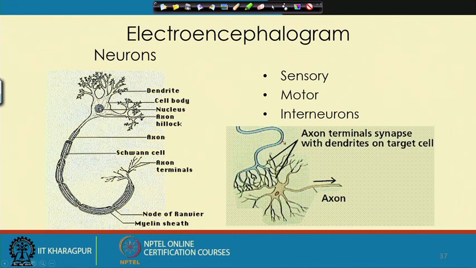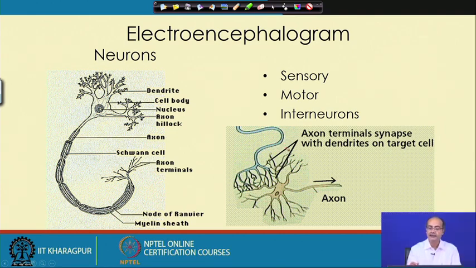In the central nervous system, there are a number of neurons connected with each other, and those neurons are called interneurons. They help in making the decision. Now, once the decision is made, the command comes. Sometimes it could be an autonomous kind of decision.